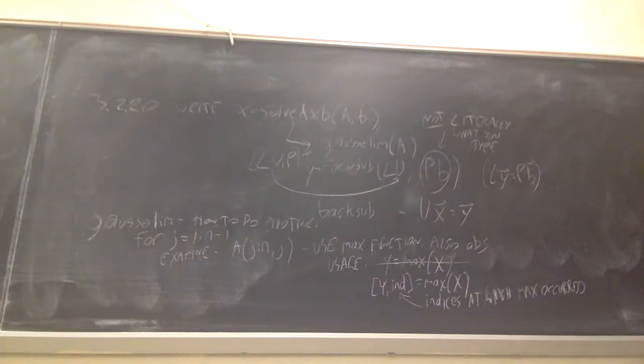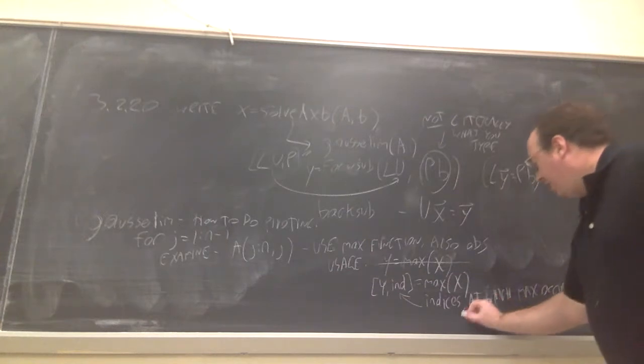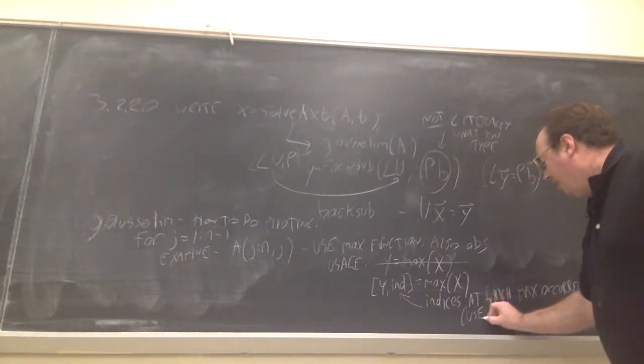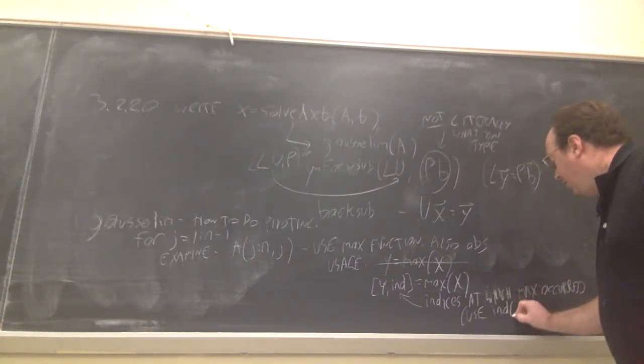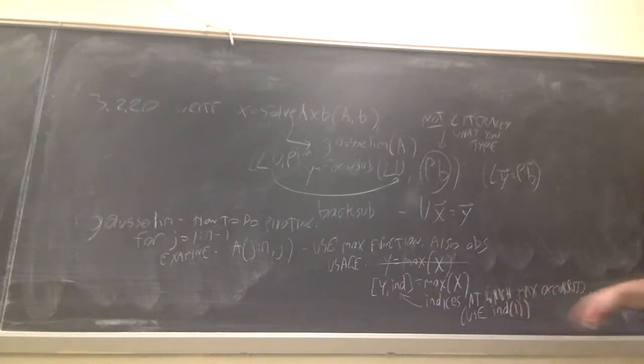I say indices because what if there's a tie? It's going to give you all of them. In your case, you can use any maximum, like ind1, the first place where it found a match. That would work just fine.